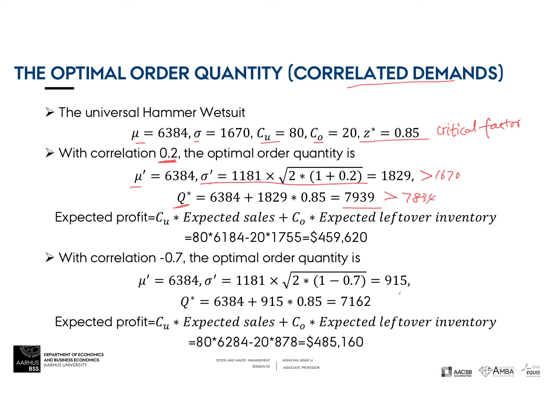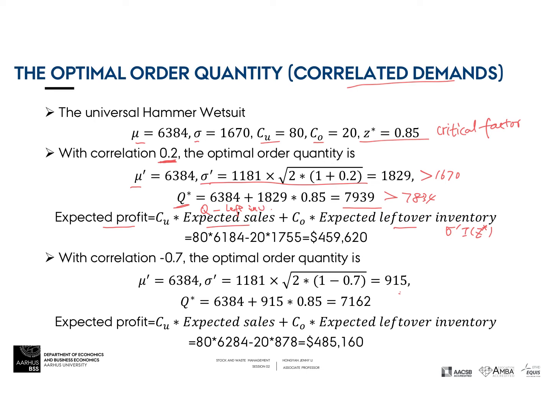And then if we continue to calculate expected profit from these results, I will not repeat how to calculate leftover inventory. So basically it is what we have done many times. Expected sales is Q minus leftover inventory.